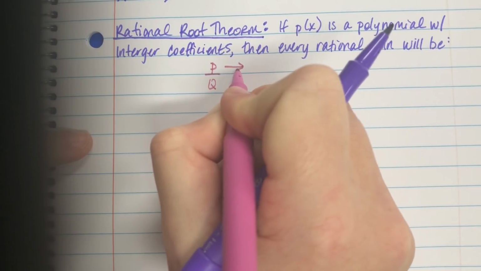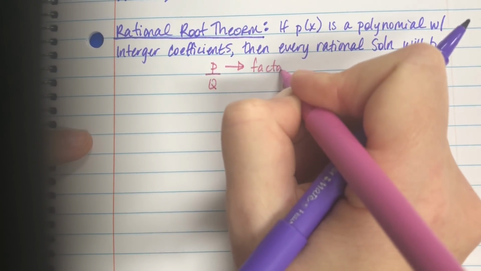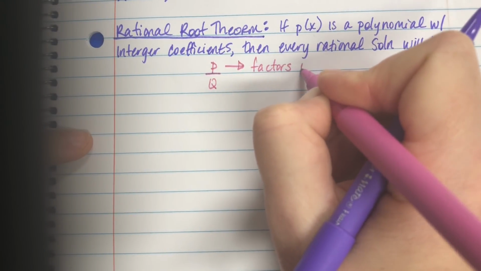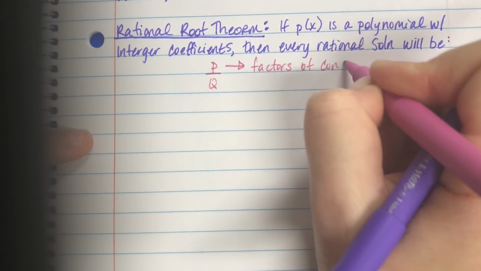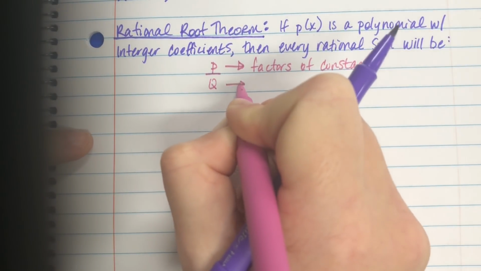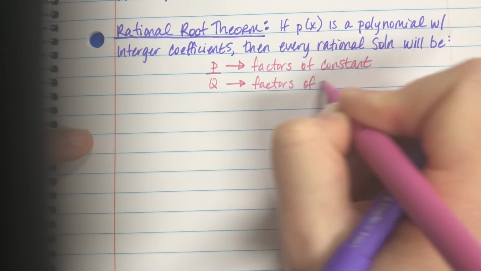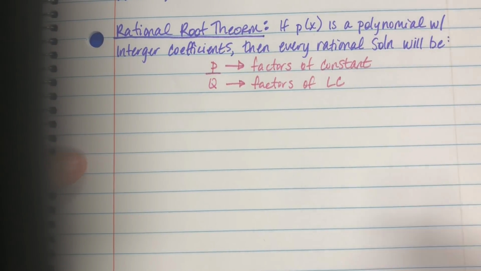P stands for factors of the constant, and Q is factors of the lead coefficient.